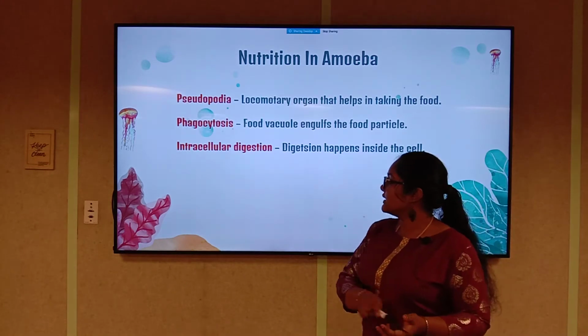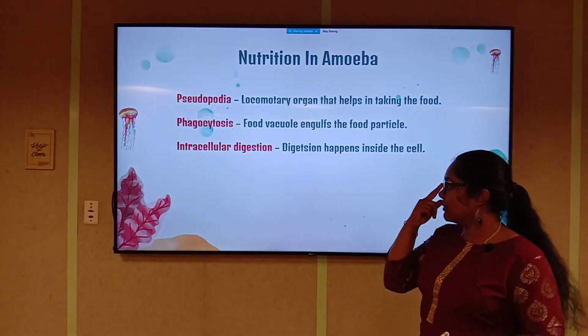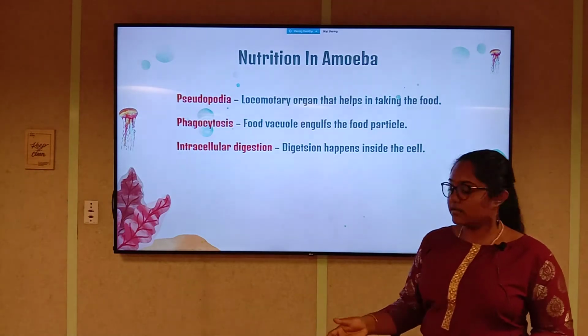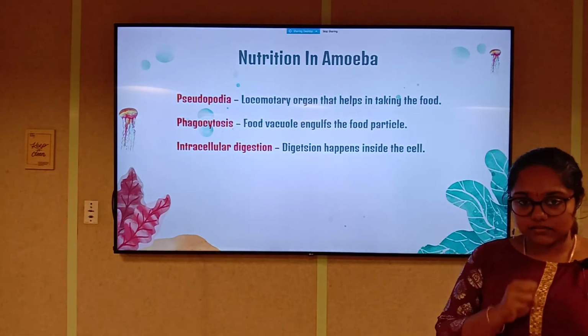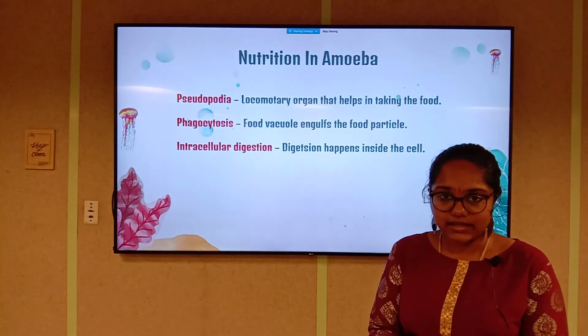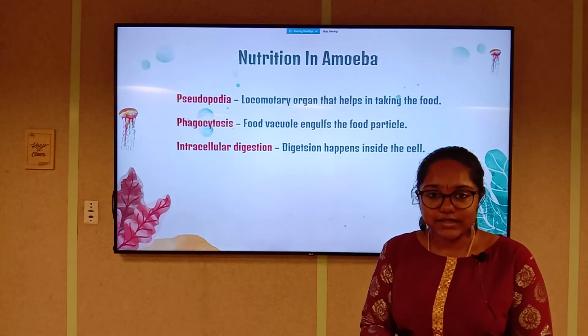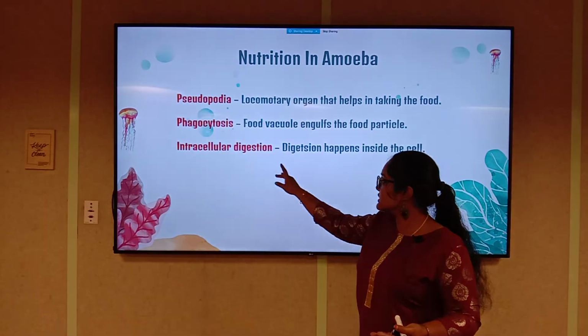The second one is phagocytosis. This is a little complicated term for you, but in very simple terms, it is when any cell engulfs something using its enzymes, breaks the engulfed particle and completely kills it, we call that process phagocytosis.